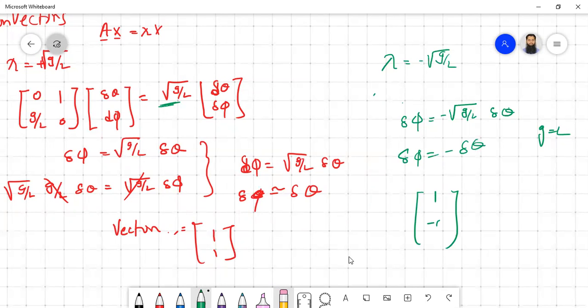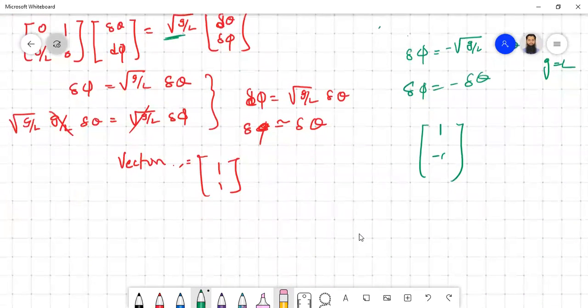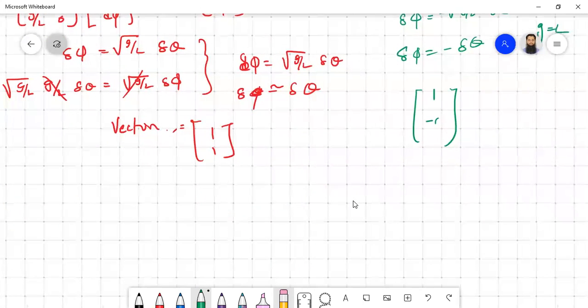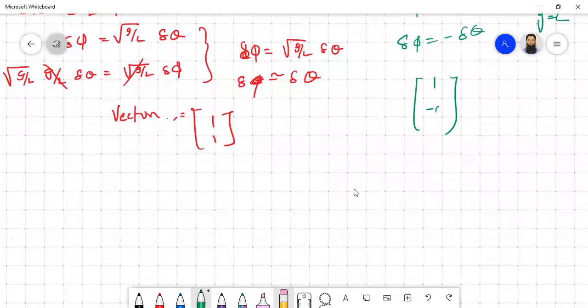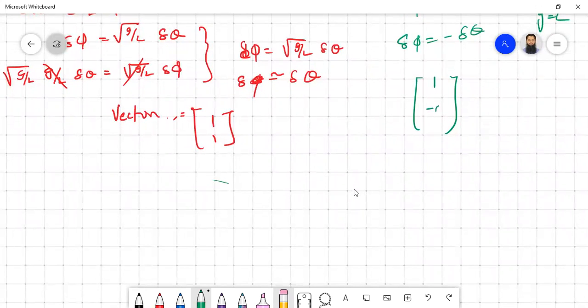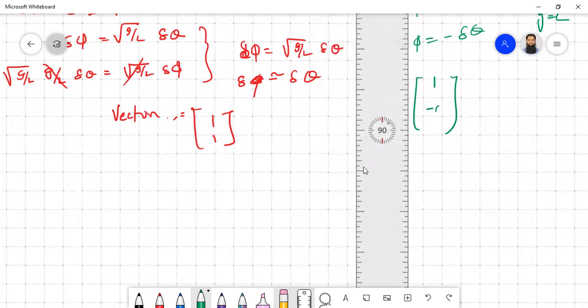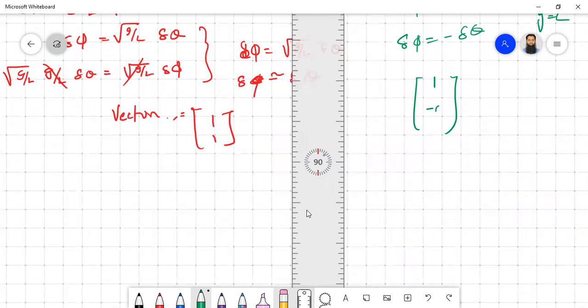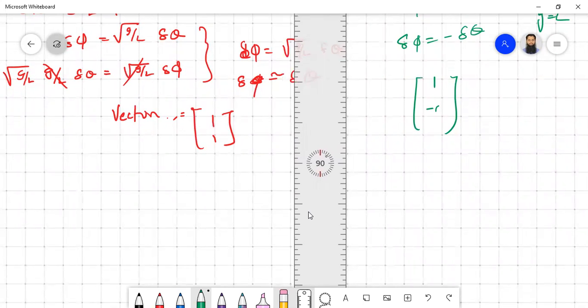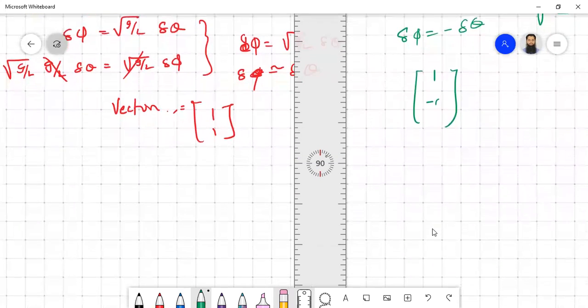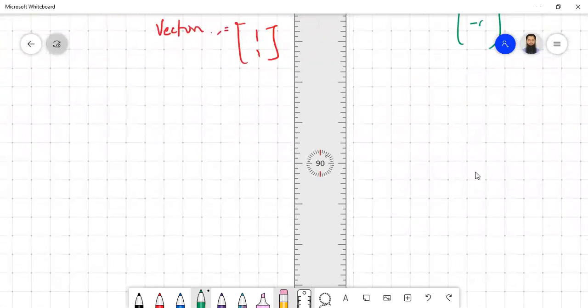Now, we have the eigenvectors around the point 0, 0, and basically pi, 0. So let's try to draw this. Okay, so let's take an axis. I think more space will be better.